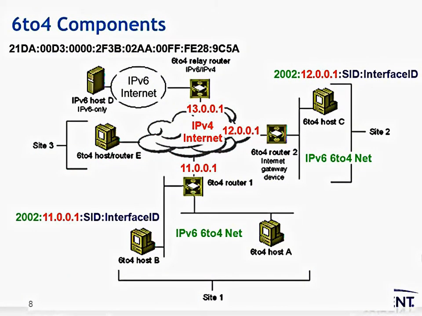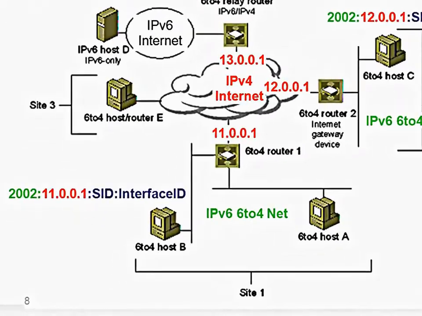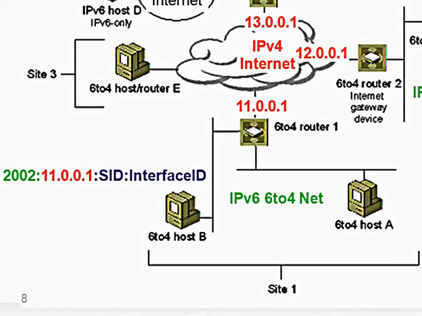So this slide shows you the 6-4 components on a wider basis. I'm going to go ahead and zoom in on various of these components as we discuss this. So to start with, at the bottom, Site 1 is a native IPv6 subnet, although it is a native 6-4 subnet, so the IPv6 prefixes start with 2002: the IPv4 address of the 6-4 router 1, which is 11.0.0.1.